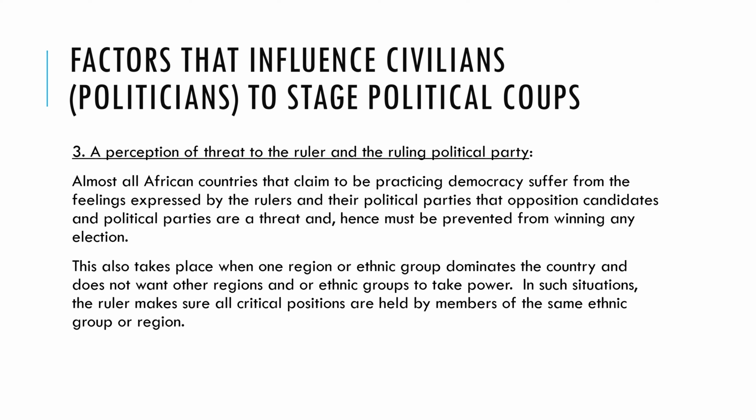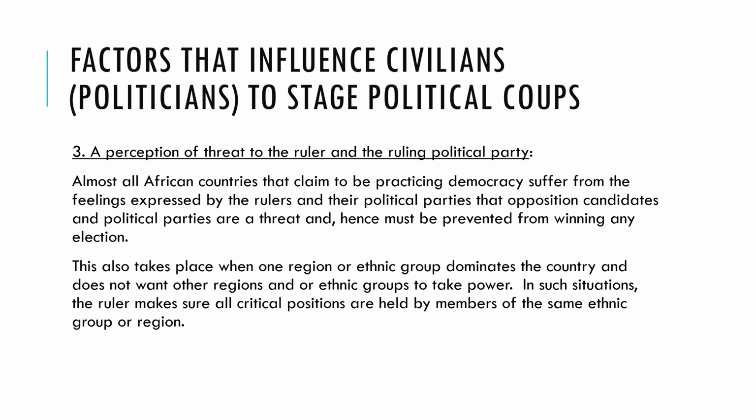3. A perception of threat to the ruler and the ruling political party. Almost all African countries that claim to be practicing democracy suffer from the feelings expressed by the rulers and their political parties that opposition candidates and political parties are a threat and hence must be prevented from winning any election.